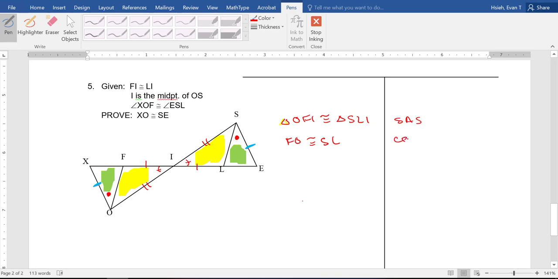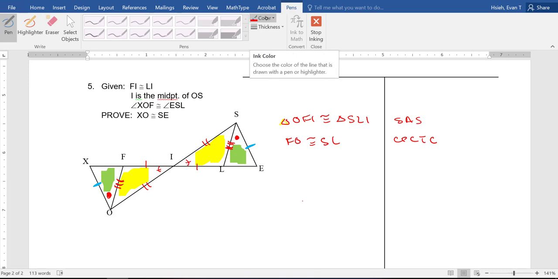That'll be helpful. That's a piece of the green triangles. So this is congruent to this. Now I have an angle and a side, and I just need one more piece to get the green triangles congruent.